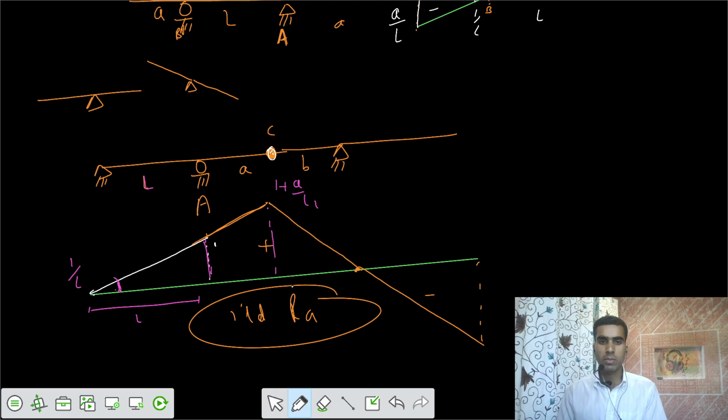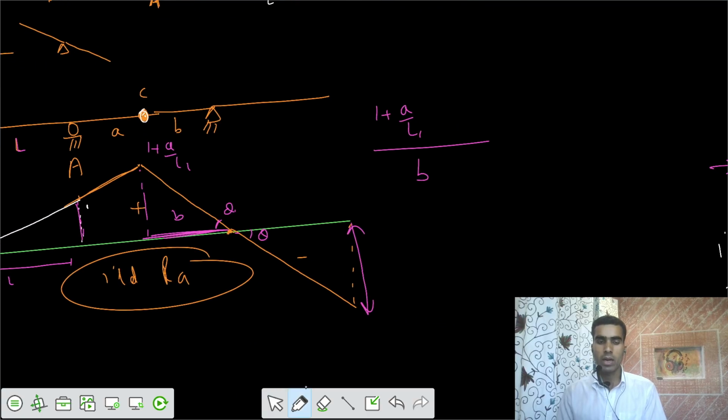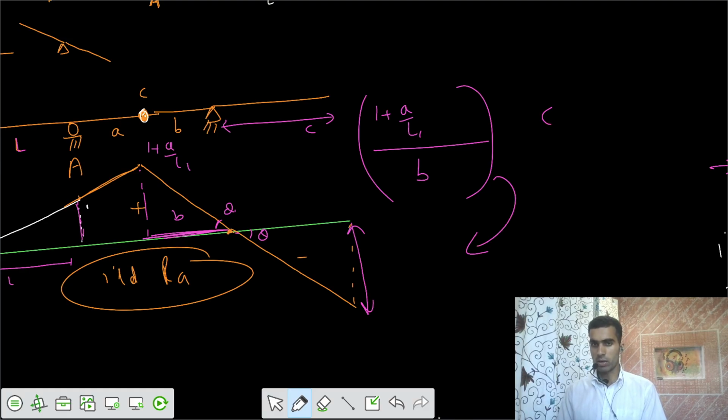Similarly, by similar triangles, 1 plus A by L1 is for the length of B, and by symmetry, this is theta. What should be this value? I don't know the length. Let's say this is some length C. This would be the ordinate here. So this was the ILD for reaction at A.